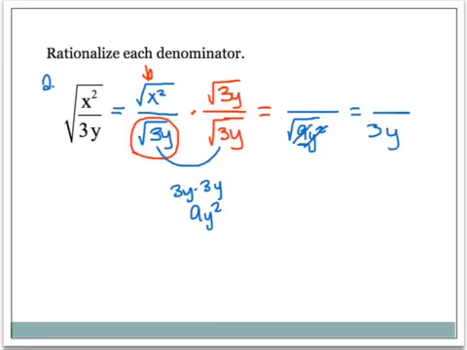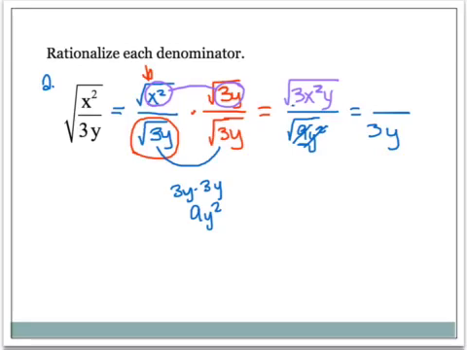Now let's look at the top. Again, I'm doing square roots and I'm multiplying, so I just multiply the radicands together. x squared times 3y. So this is really the square root of 3x squared y. Now I look to take the square root of each factor underneath the radical.